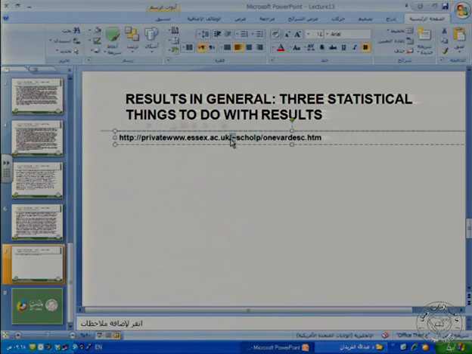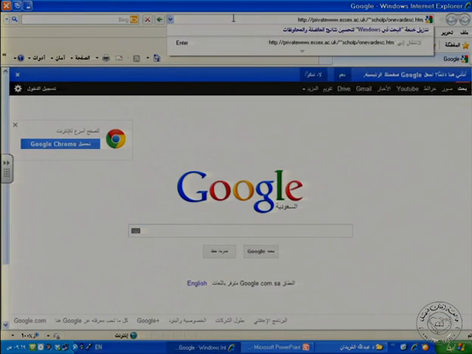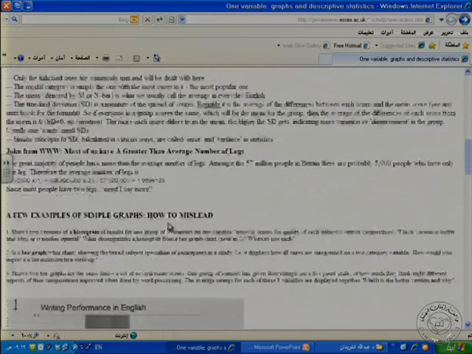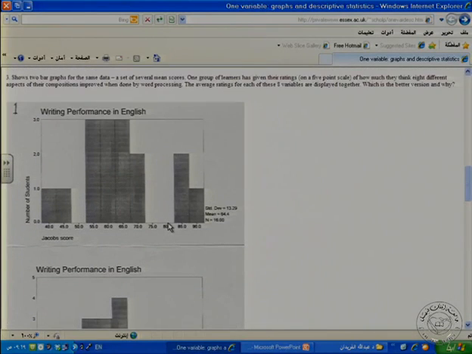We are going to visit this website and see some graphs. Here is a simple graph of writing performance in English.